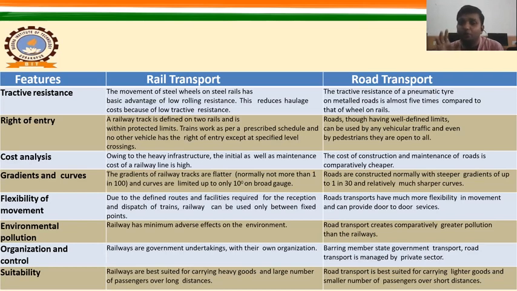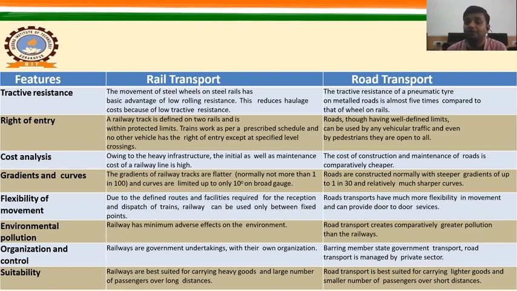If there is low rolling resistance, this will reduce the haulage cost because of low tractive resistance, right? When we come to road transport, the tractive resistance due to a pneumatic tire on a metal road is almost 5 times compared to that of a wheel on rails, right?